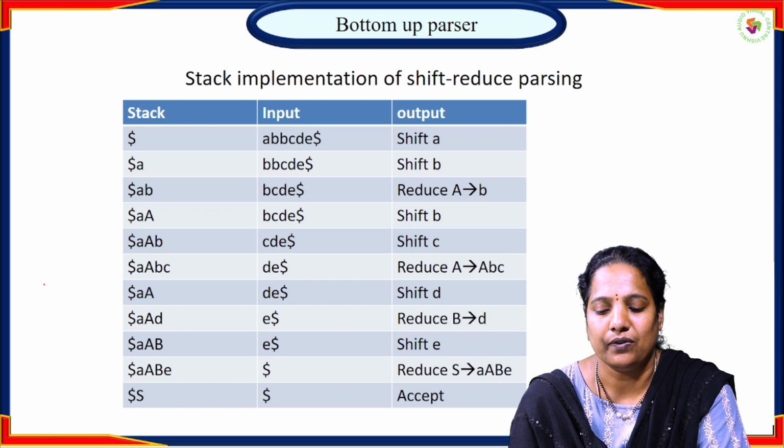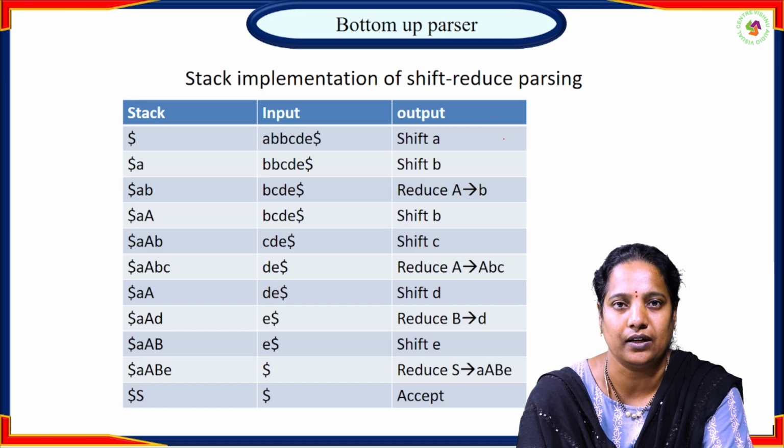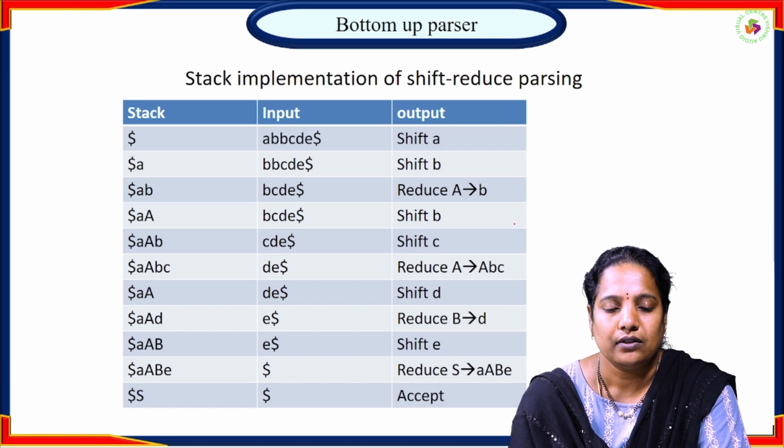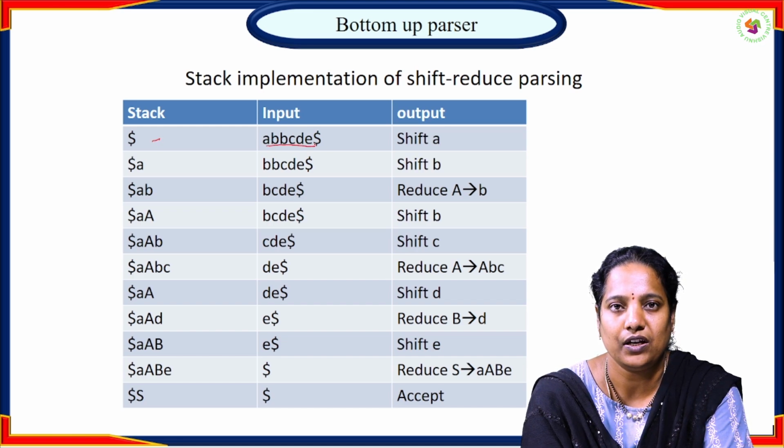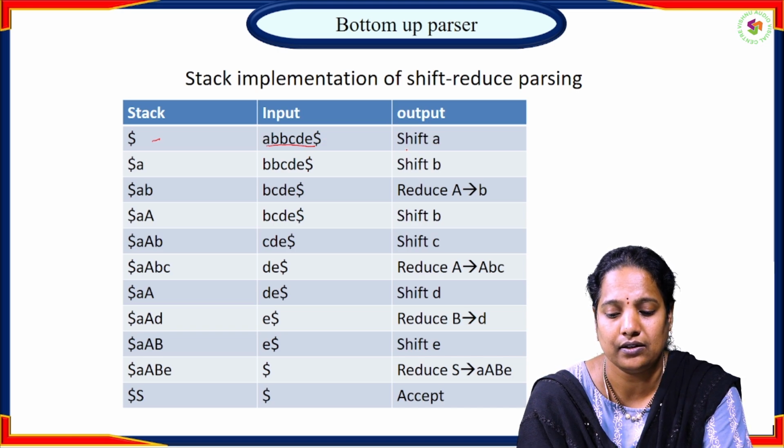Followed by that, the actions that we perform on the stack will be represented here. By default, the stack contains dollar, followed by the input we need to verify, and we don't have any other elements inside the stack.